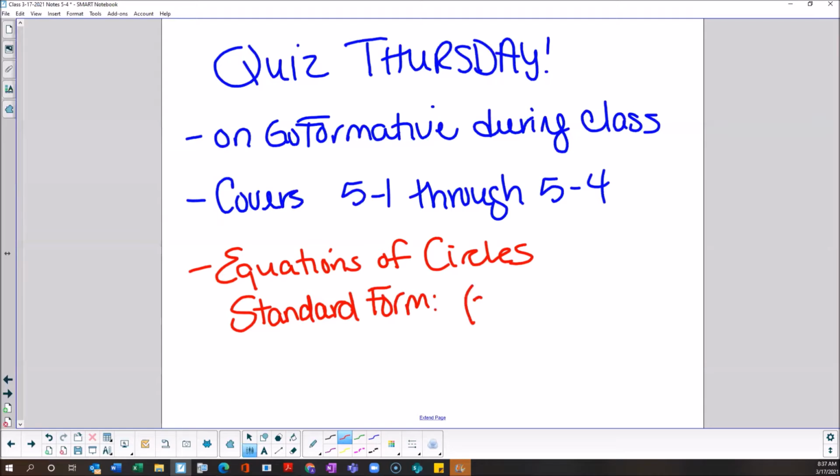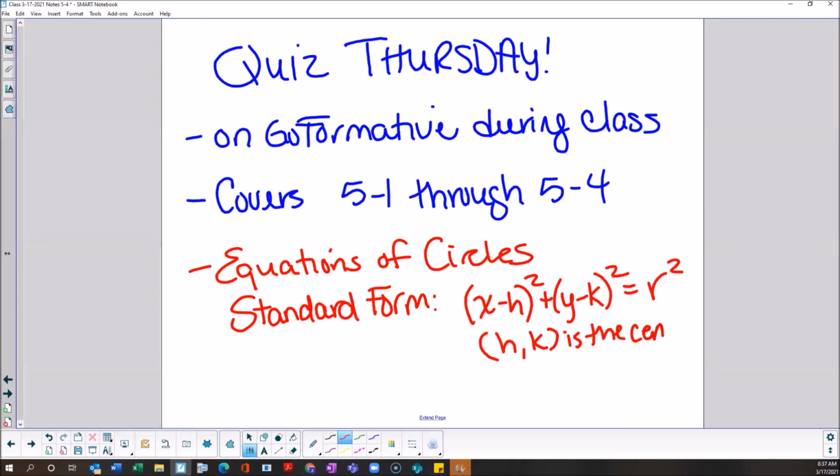So standard form of a circle, where (h, k) is the center. Remember, on standard form, you have to switch the signs. If you're going from the standard form to find the center, you have to switch those signs. It's the opposite. And same if you're given the center, the coordinates for the center, you would use the opposite sign to put it into the formula.